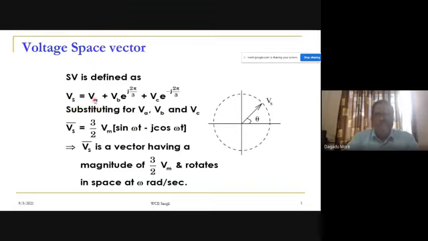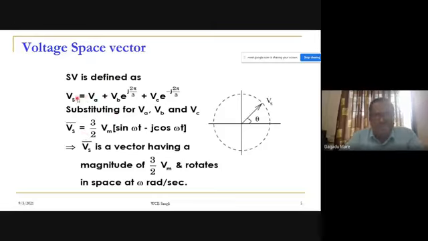Now we substitute these values and use the formula e raised to j theta equals cos theta plus j sin theta, which takes us to the rectangular form. From the rectangular form you make the summation and you get one vector.